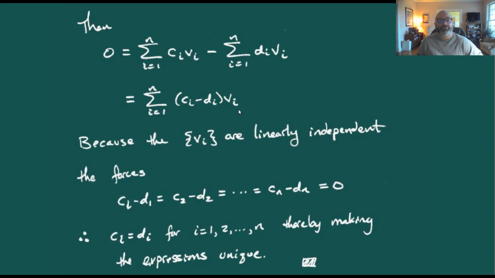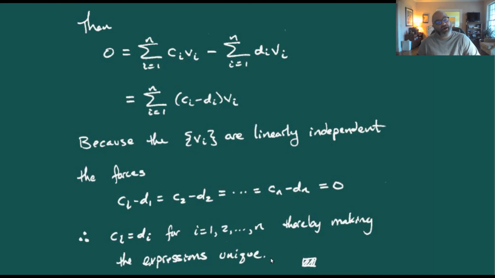We combine like terms with respect to the v_i, and we get a linear combination that gives us 0. But we had the assumption that the v_i are linearly independent, so the only way this can happen is for all of our coefficients to be 0. So c_1 minus d_1 is 0, c_2 minus d_2 is 0, all the way up to c_n minus d_n is 0, or c_i equals d_i for all i, thereby making the expressions unique.